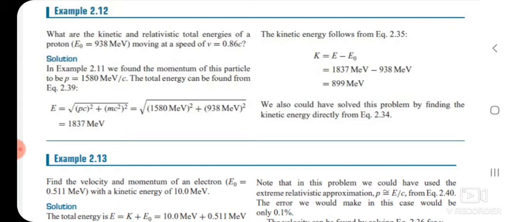But my aim is to find the kinetic energy, and kinetic energy is nothing but the total energy minus rest mass energy. 1837 mega electron volt minus 938 mega electron volt gives 899 mega electron volt. This much kinetic energy is associated with the proton.